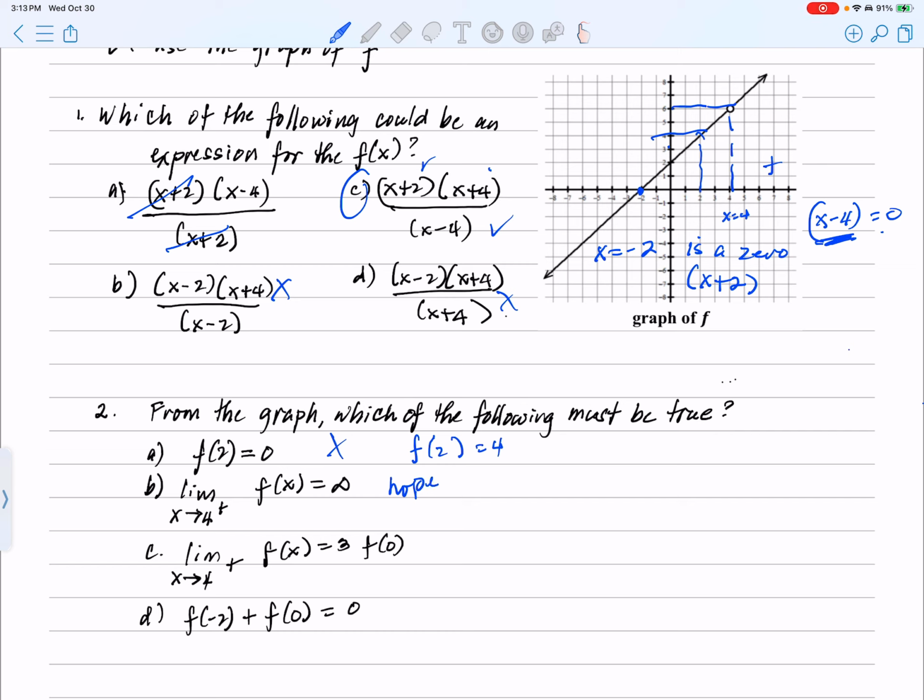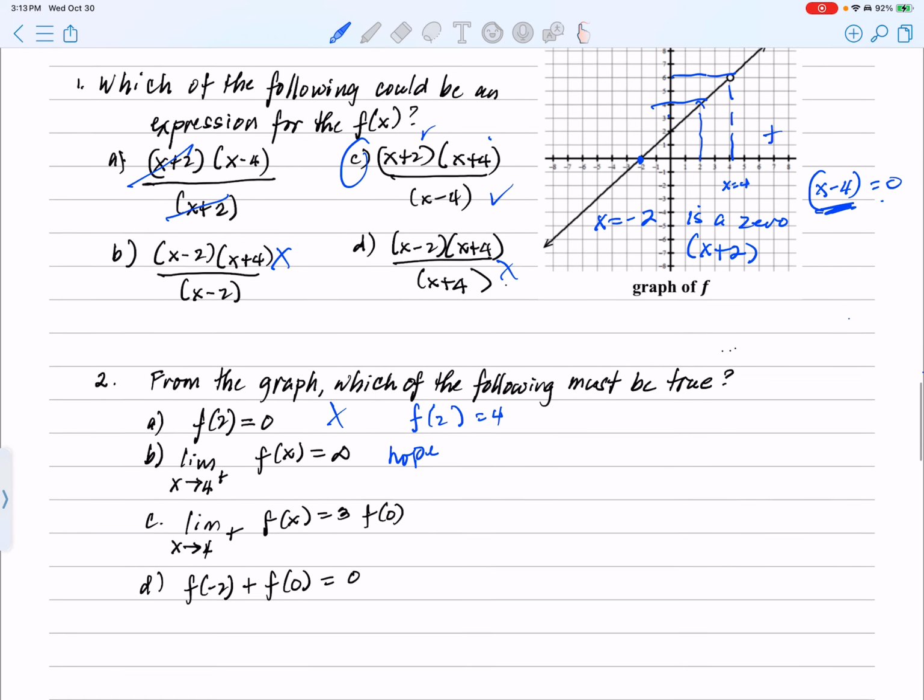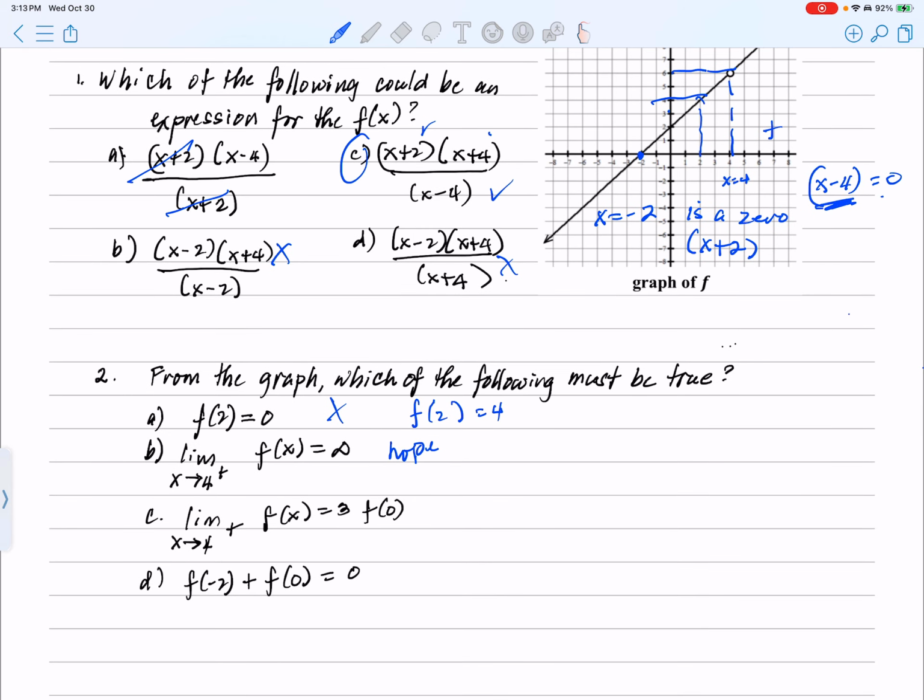Because the limit as x approaches 4 from the right, since we have a hole there, approaches 6. Okay. In C, the limit of x to the right of 4 is 3 times f of 0.